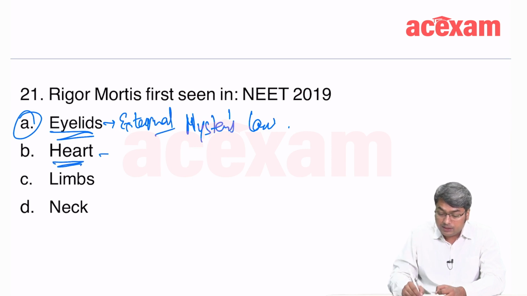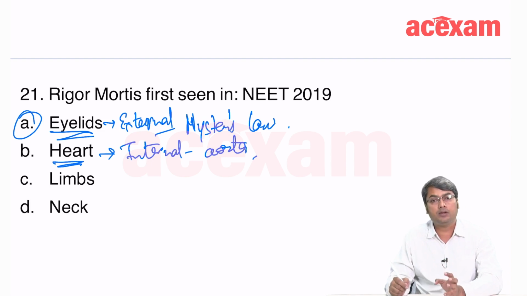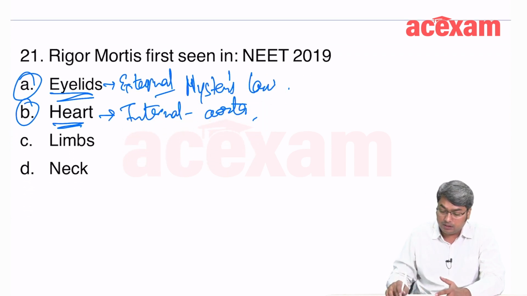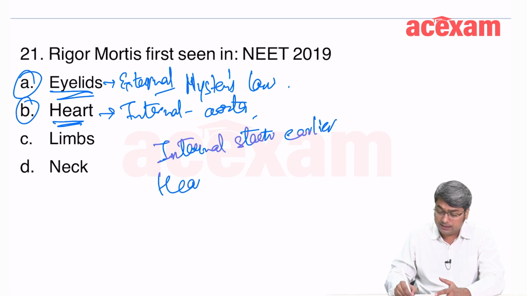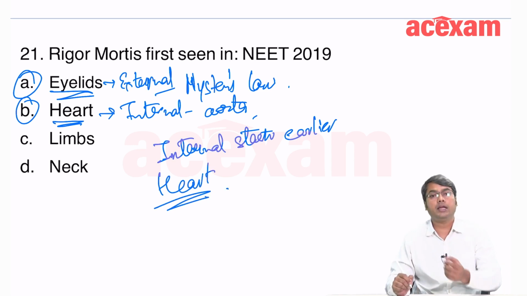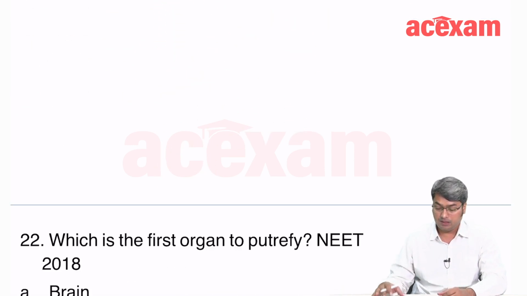But internally it starts with the heart, with the walls of the aorta. Because the question just says rigor mortis is first seen in, both options are correct, externally the eyelids but internally the heart, and internal rigor mortis starts earlier than external. That is why in this question the answer is heart. The heart walls and the intima of the aorta will show the first rigor mortis changes.